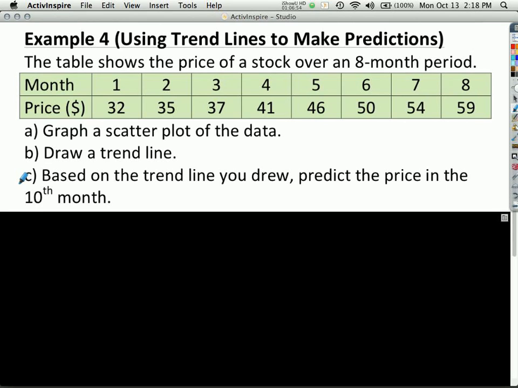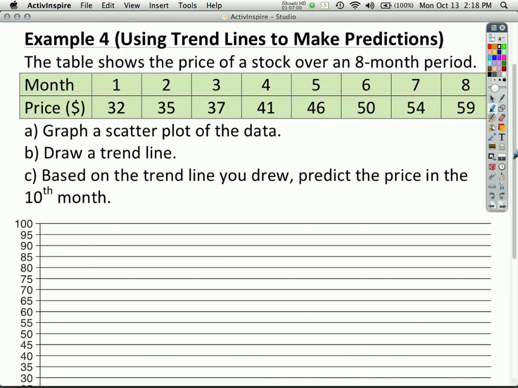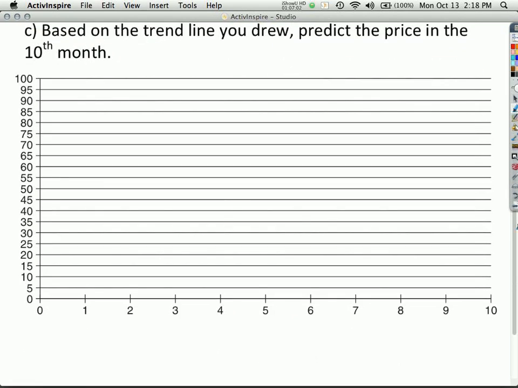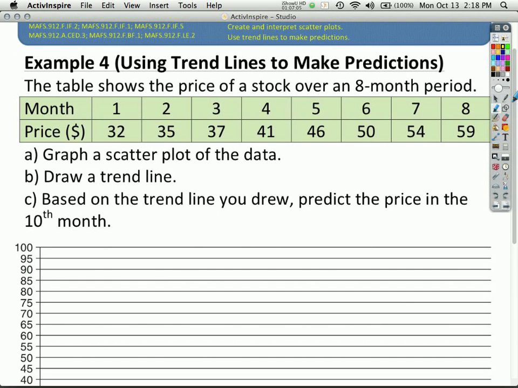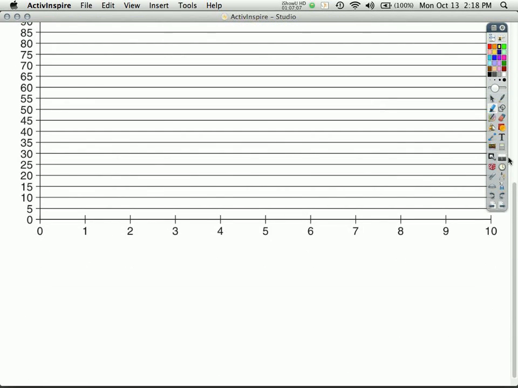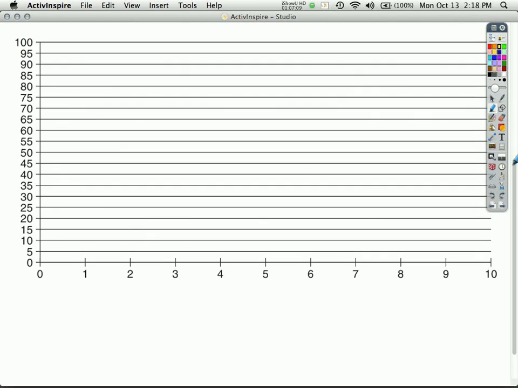Now, I've set up a graph for you. I actually want you to do your best to copy the template of the graph I have. So I'm going to bring this down so you can see. And the program I used to do it didn't do the vertical lines.